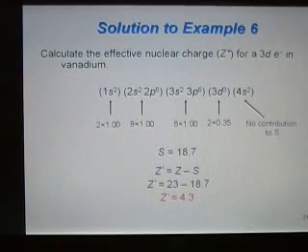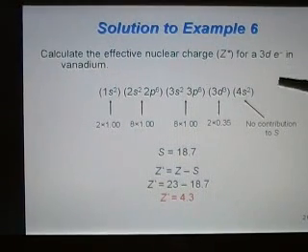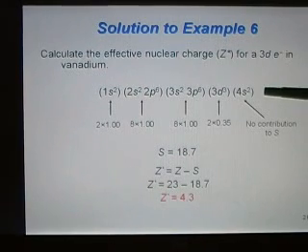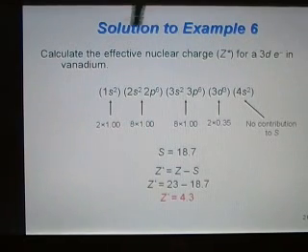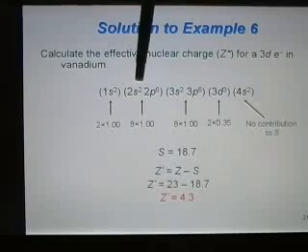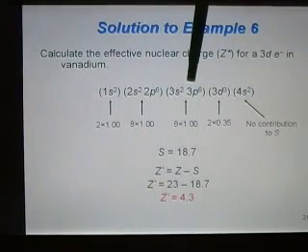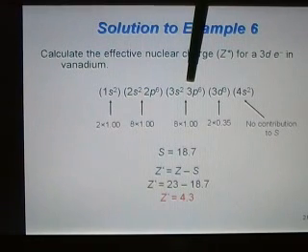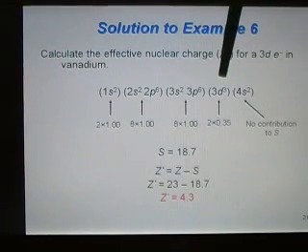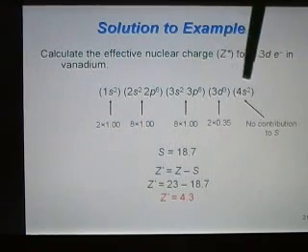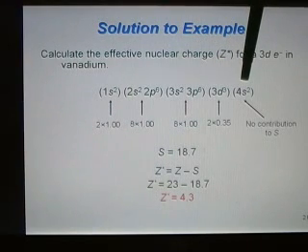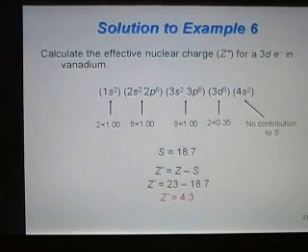So the solution starts out the same way, by writing the electron configuration for vanadium and grouping the orbitals appropriately. 1s2, then in the second group is the 2s2, 2p6, and the third group is the 3s2 and the 3p6. In the fourth grouping is only the 3d3, and in the fifth group is the 4s2.